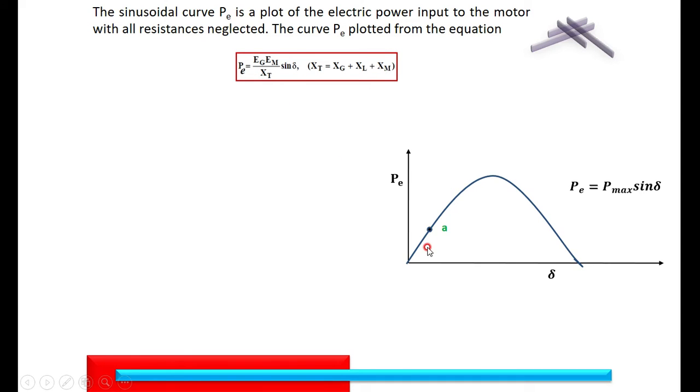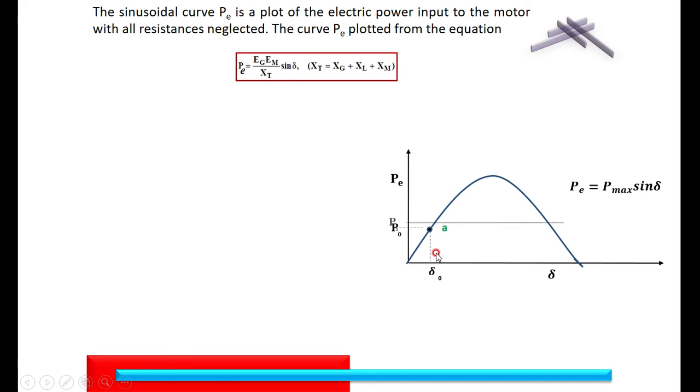Previously, when there is no change in the output, the machine is operating at point A, where the electrical input to the motor is equal to the mechanical output of the motor, and it is operating at an angle of delta.